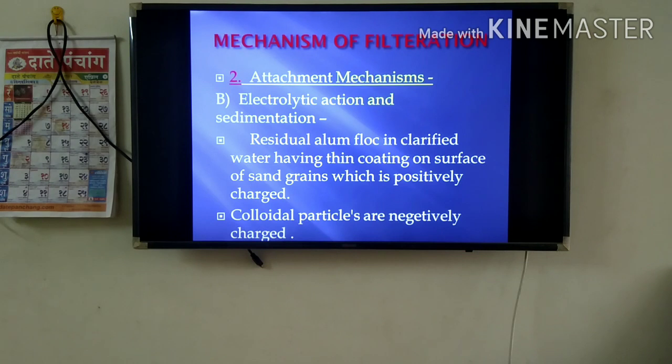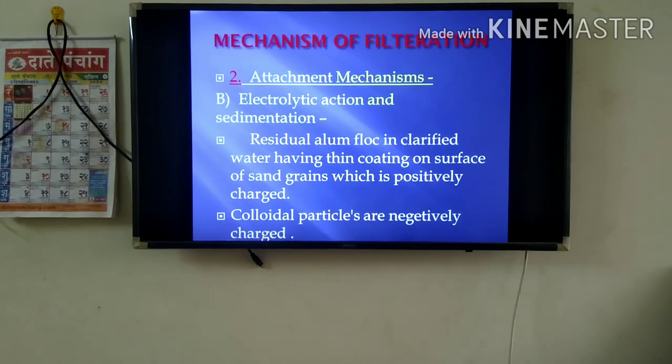Second, electrolytic action and sedimentation. Residual alum floc in clarified water forms a thin coating on the surface of sand grains, which is positively charged. That means after adding alum, it becomes a floc.